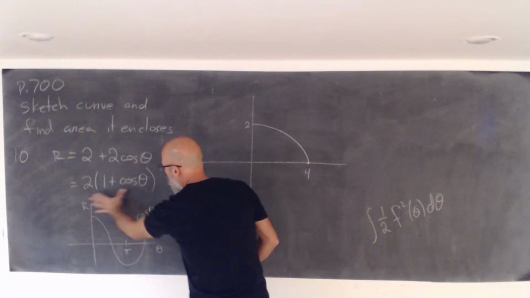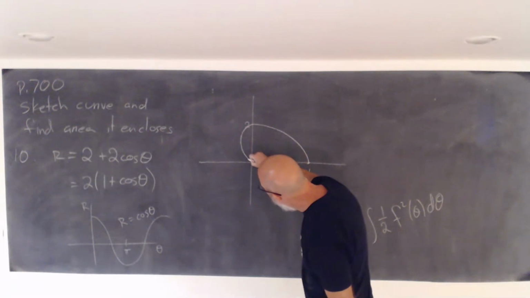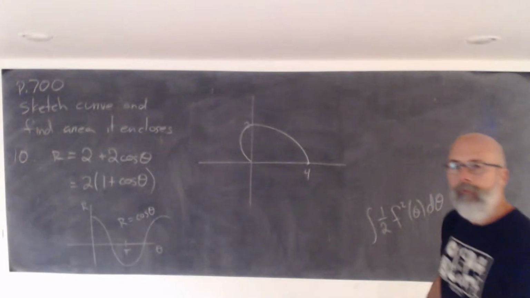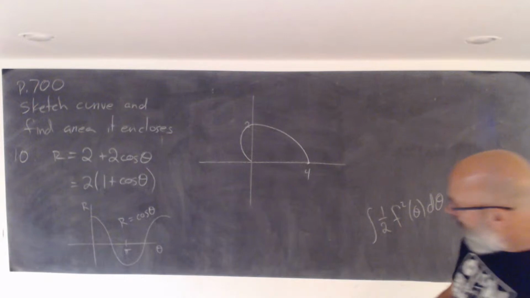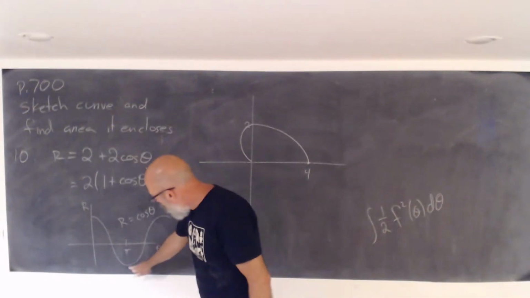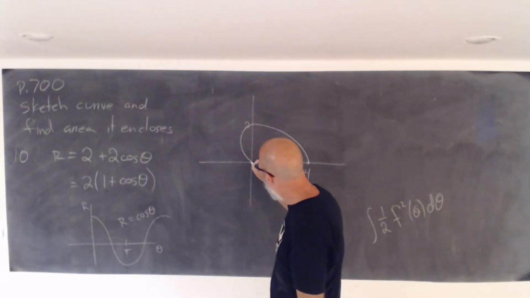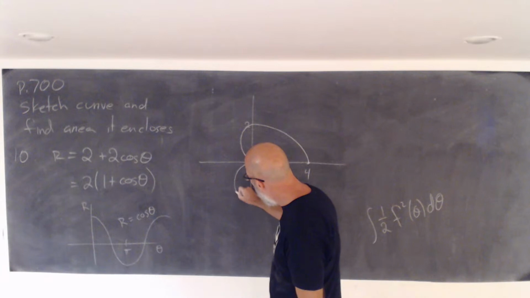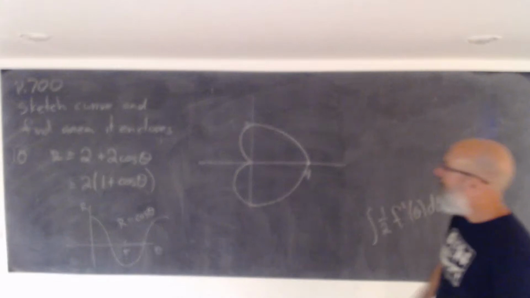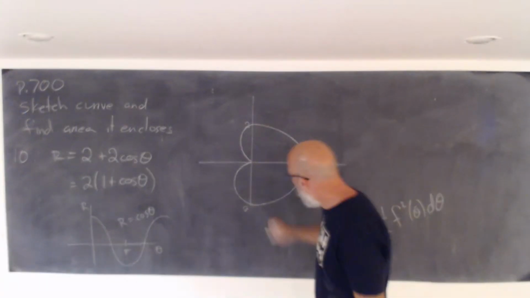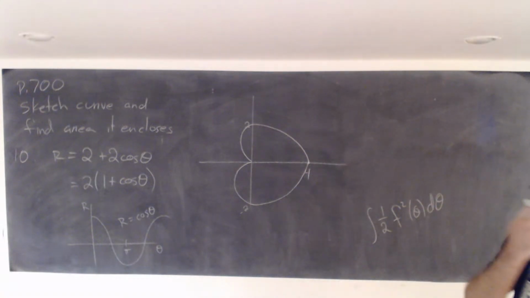So this whole thing goes to 0 at pi. And then the opposite happens, right? It now starts to increase all the way back. There you go.